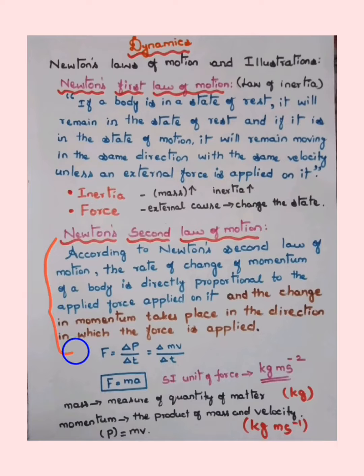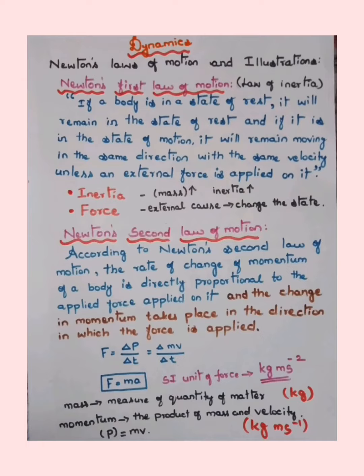Cleared about Newton's second law of motion. We represent this law as F equals delta P by delta t, and we know momentum is the product of mass and velocity, so P equals m into v. Substitute that here and divide by t.